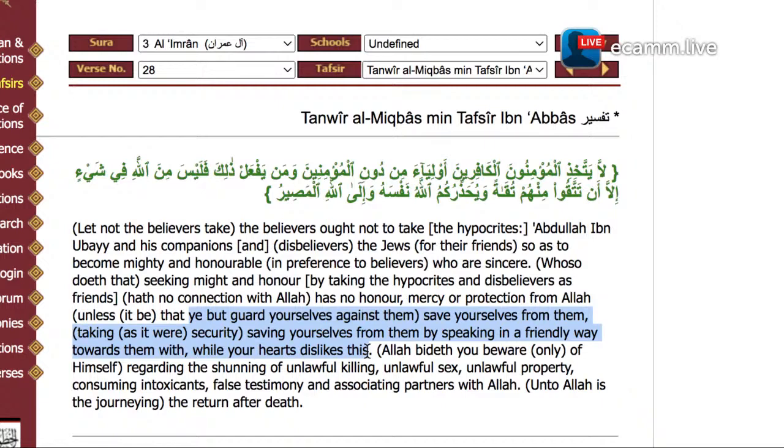If he is lying, in his heart he hates you, he can call you a friend. If he means it, he is not Muslim no more, he is an apostate. And as you see, we are showing a reference here. This is the Quran, chapter 3, verse number 28, and this is the cousin of Muhammad himself explaining the Quran. This is what taqiyya is.